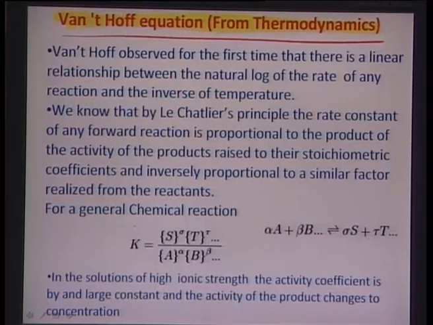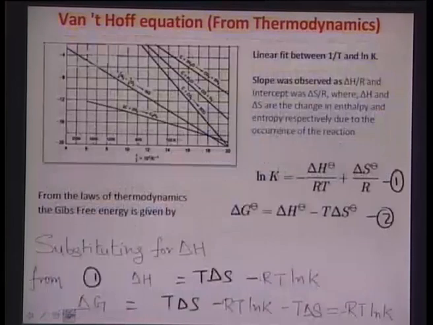So, the Van 't Hoff observed for the first time that if you plot the natural log of the rate of any reaction with respect to the inverse of temperature, and this he found for a system of gases. Okay. So, there is a strange kind of linear relationship between the two. This can be illustrated more in this particular curve as you are looking at.